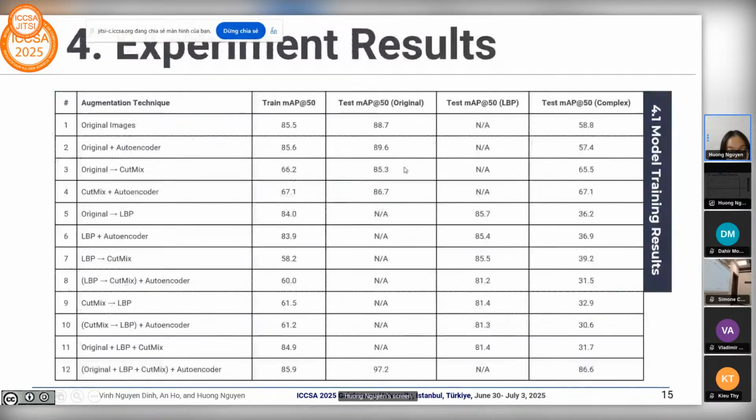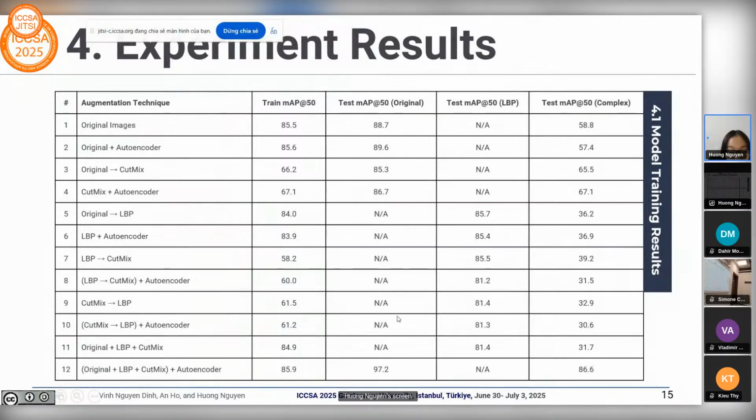And you can see the table shows the results from 12 different training setups using different combinations of data augmentation. You don't have to look at every number, but here I'll highlight the baseline model, which uses only the original image, at 88.7%, but dropping to 67.1% when tested on complex images.